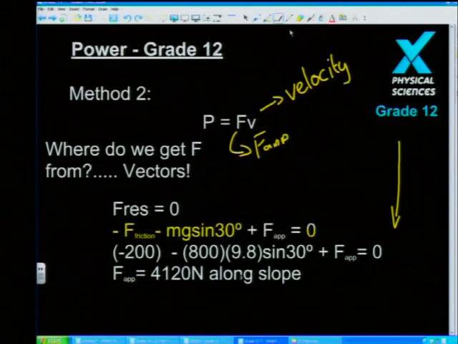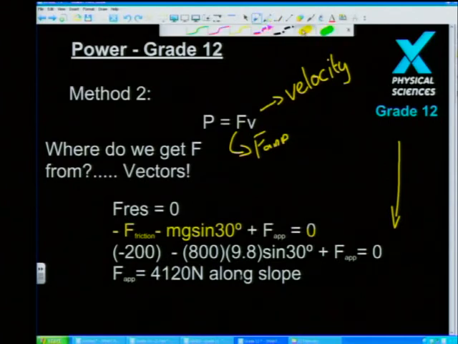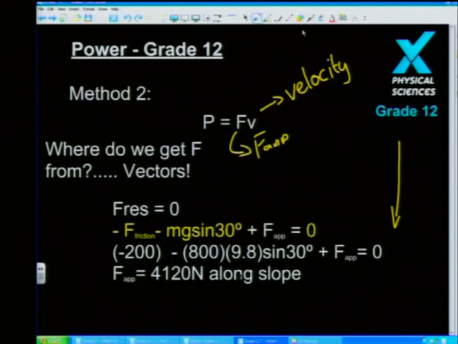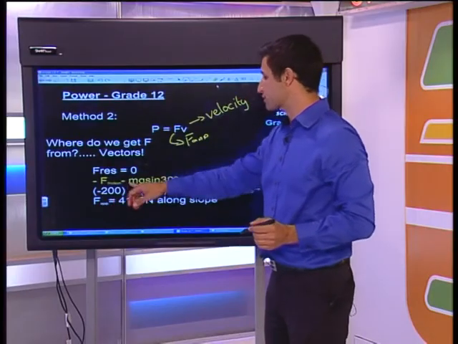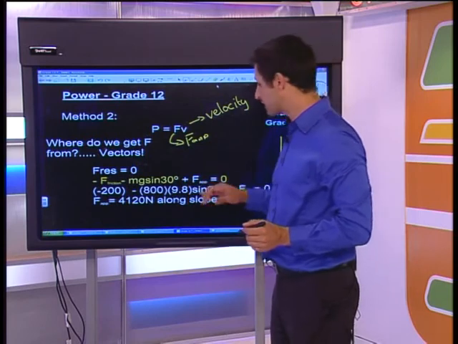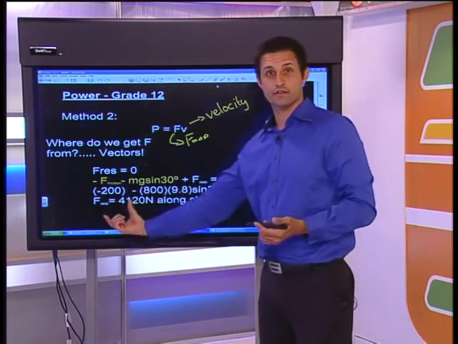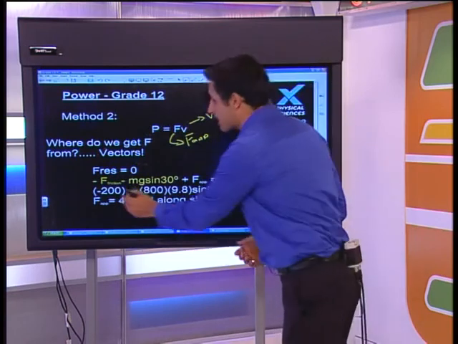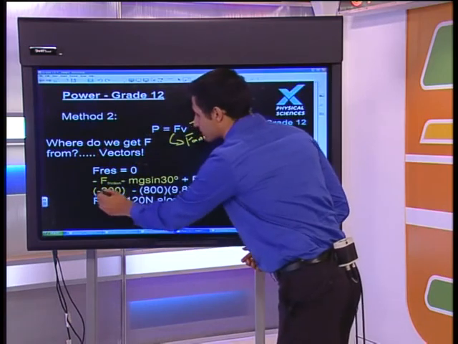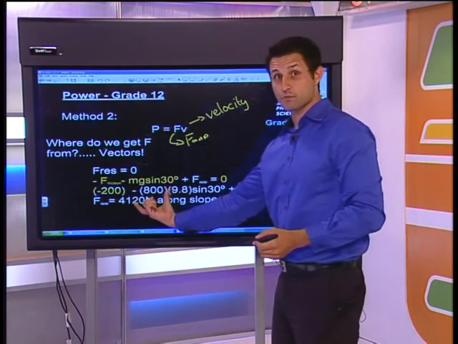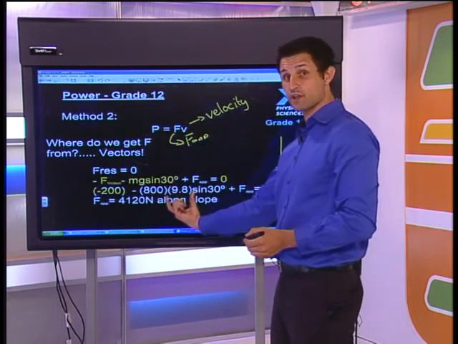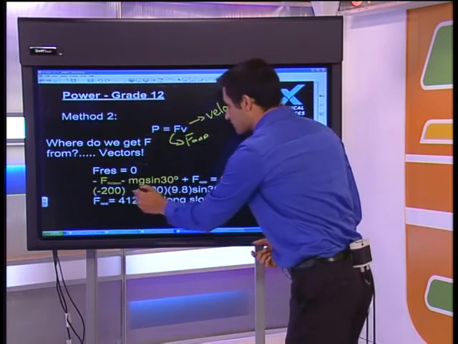So I've got a couple of things inside here which are important. I knew that I had 0 resultant force. I've got my force of friction, my force of gravity that I'm acting against. Then I substitute. Out pops a force applied, which is great. I knew that I had my negative 200. There it is. I knew that I could substitute in my mass, my gravitational acceleration, and my slope. So there it goes.